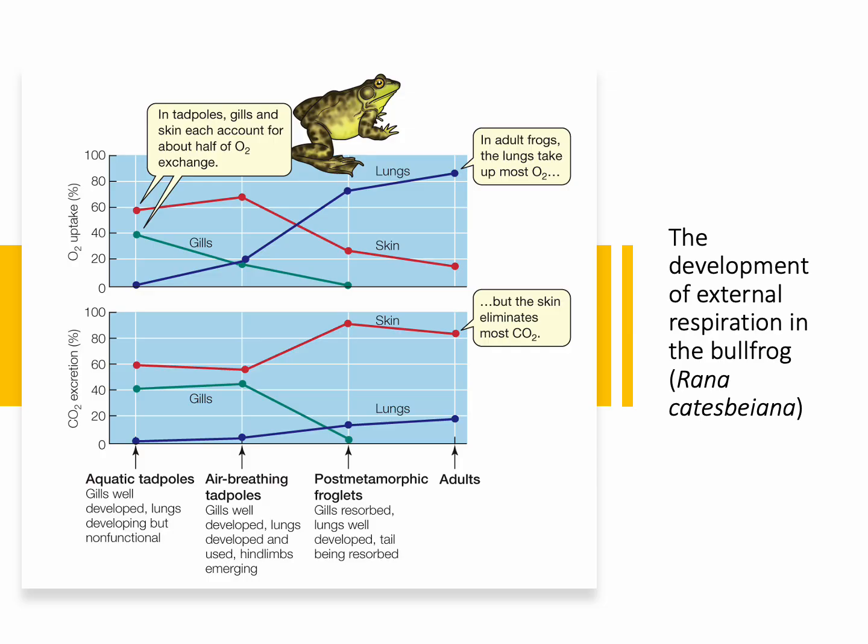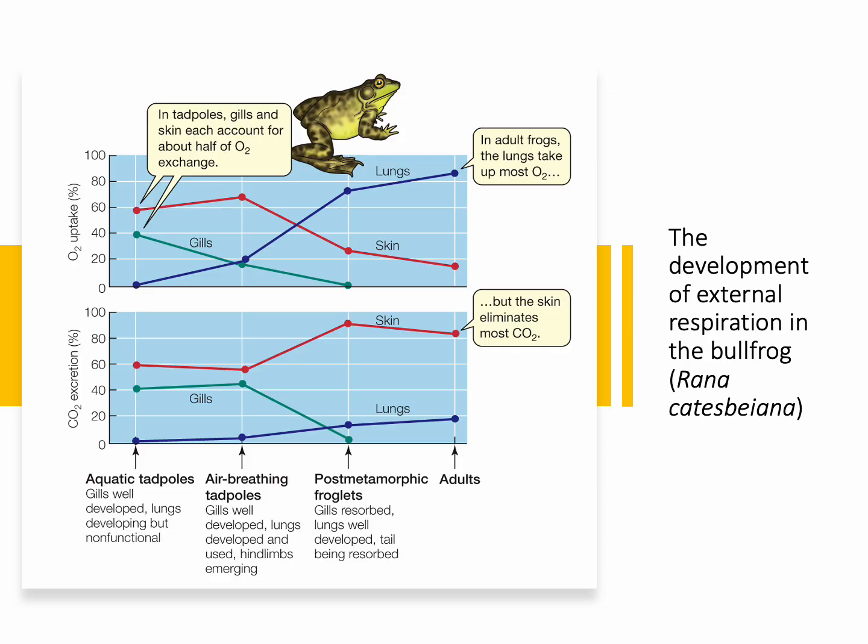What you see in the tadpoles is that most of their oxygen comes either from the skin or from the gills, right? And then as they become more and more air breathing, the amount of oxygen coming through their gills declines, and their skin starts to go down as well, but not as quickly and not as much.